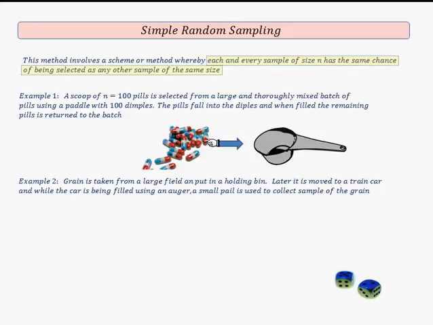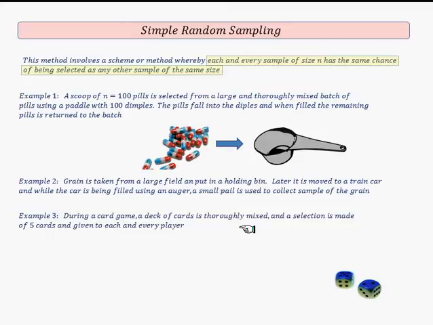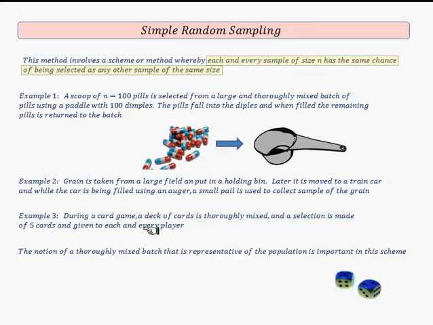This is assumed to be randomly distributed, in other words thoroughly mixed. Another example is grain from a large bin, and a third is a deck of cards where you randomly select 5 cards and so on.